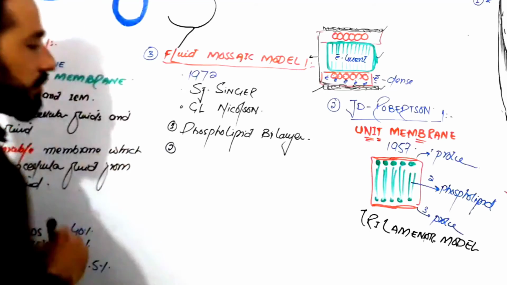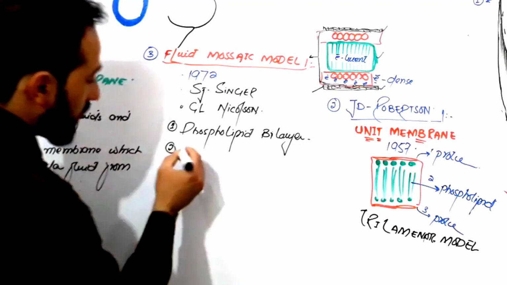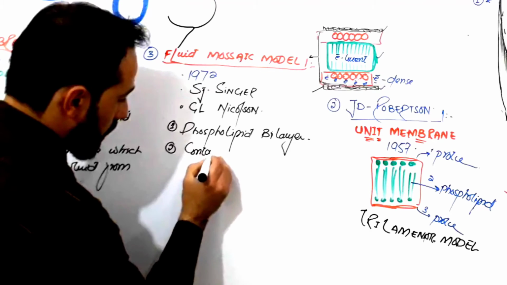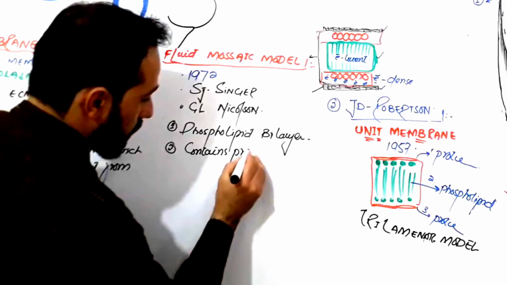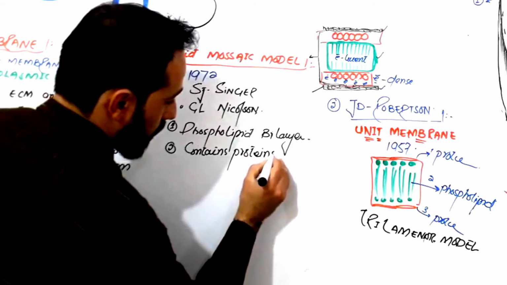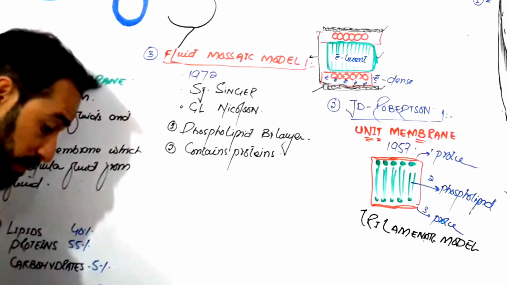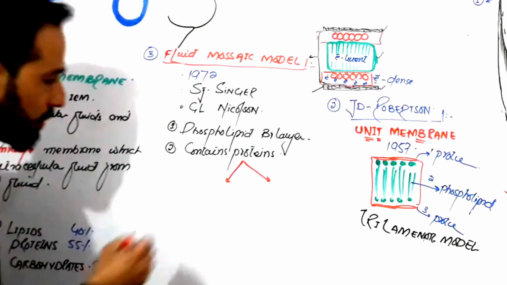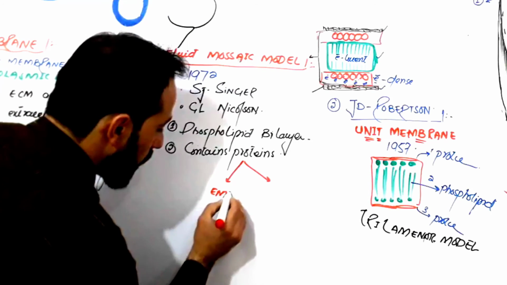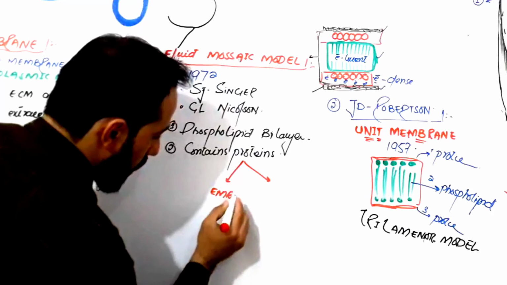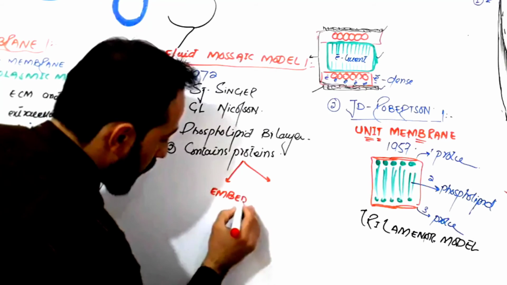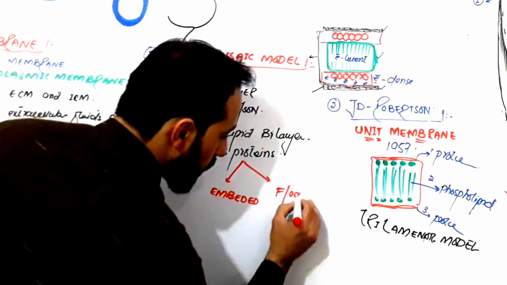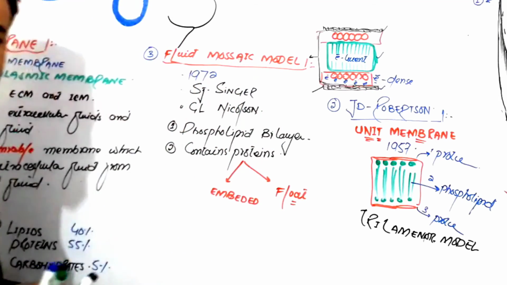Number two, it contains proteins. And some of these proteins are embedded, and some proteins float on the surface.